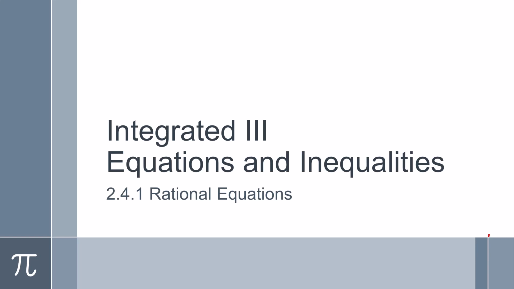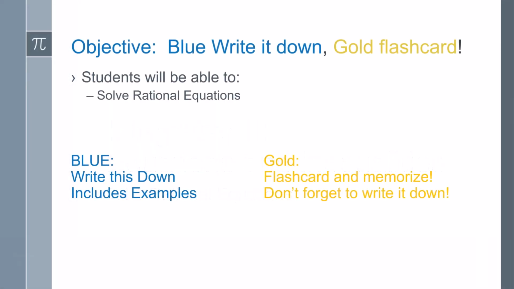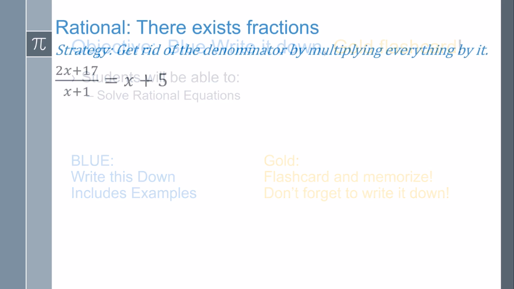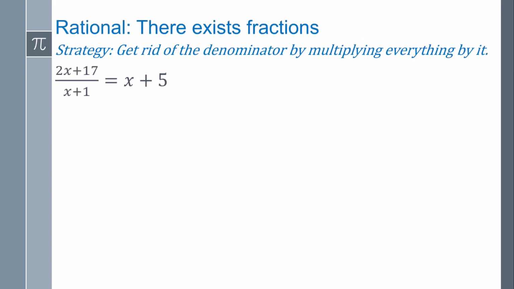This is section 2.4.1, and we are going to take a look at how to solve rational equations. A common strategy that you're going to see in this lesson: a rational equation is an equation in which there's a fraction and x is in the denominator.